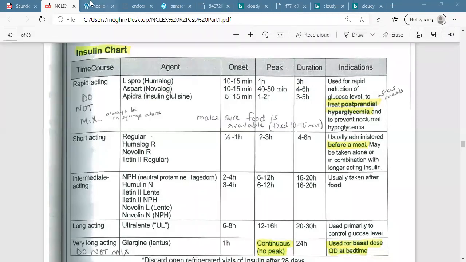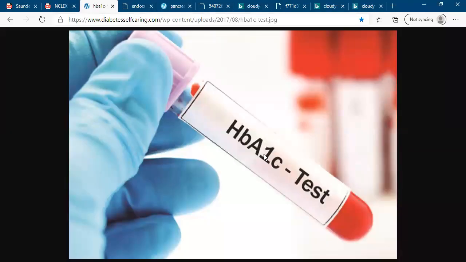So here in the picture is showing hemoglobin A1C. We know when the blood glucose level is more than normal, we say hyperglycemia. But before diagnosing a patient as diabetic, the more confirmatory test is hemoglobin A1C.